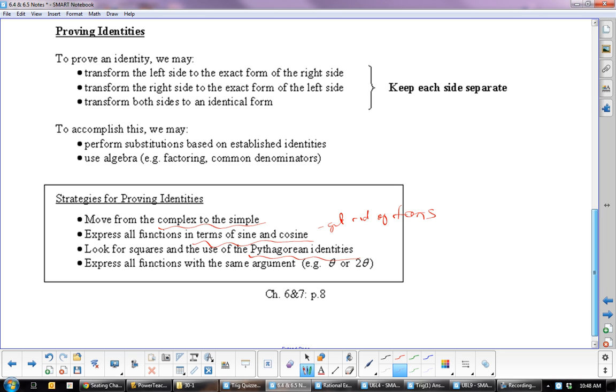Always look out for your Pythagorean identities, and make sure that all functions have the same argument. Argument in these is the theta, okay, so make sure they're both theta, or they're both 2 theta. Sine theta does not equal sine 2 theta, okay? So those are called the arguments or the angles.